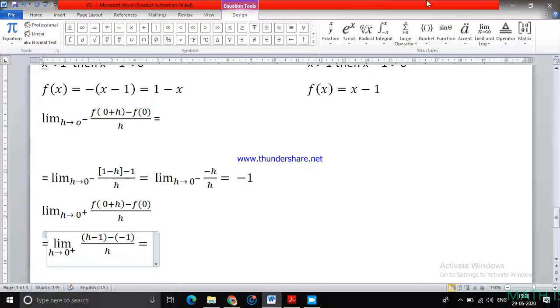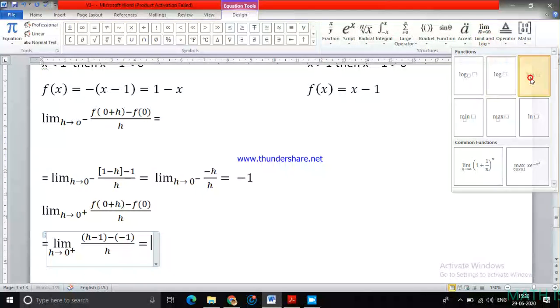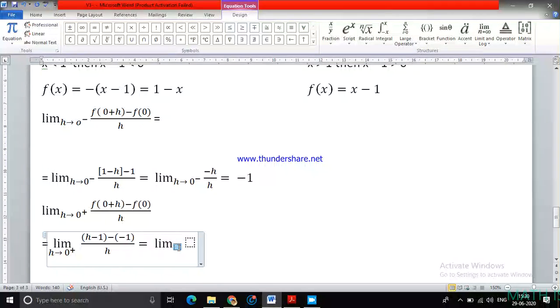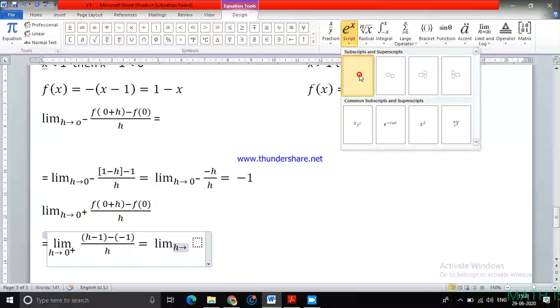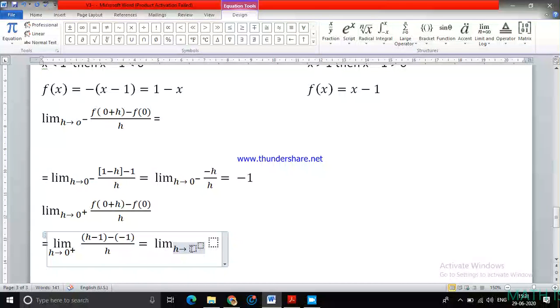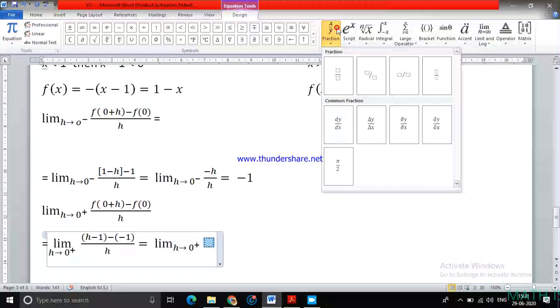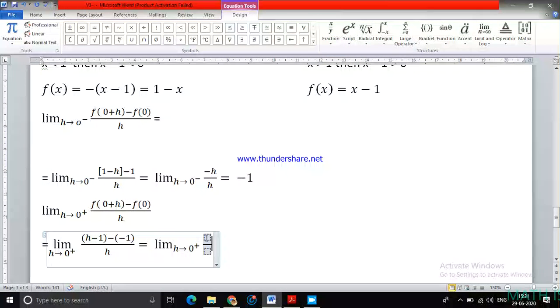So don't get confused. Then I'll get limit h tends to 0 plus. Minus of minus 1 is going to be plus 1, so minus 1 plus 1 will get cancelled.